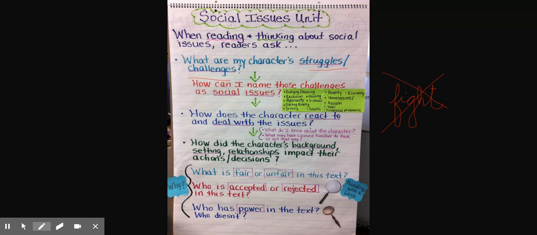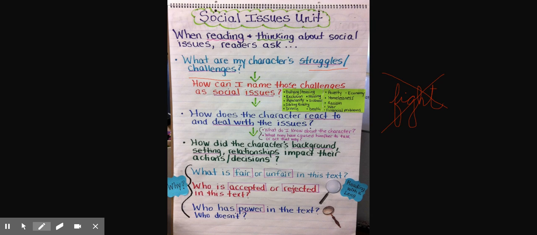However, if you are being bullied, if you are living in a homeless shelter, if you are living in a country where they're at war, those are social issues. Those are the kinds of social issues we're going to look for in our book, and we'll do a lot of comparing what's a problem versus a social issue.